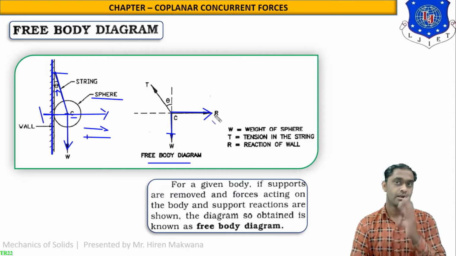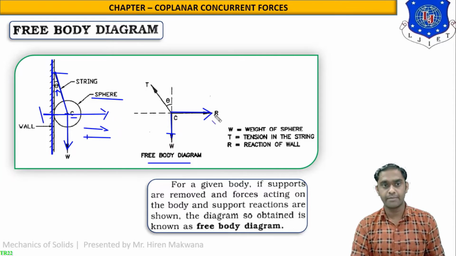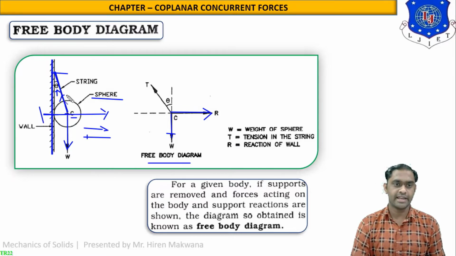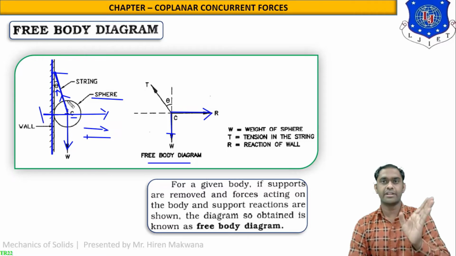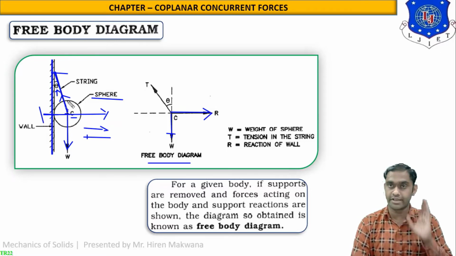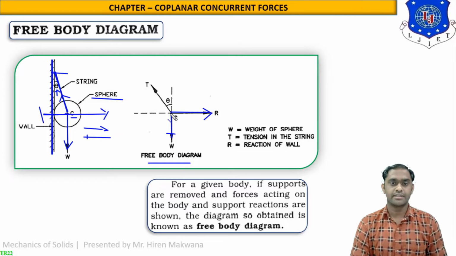Last, third and most important thing, the tension force. Whenever the string is there in the picture, the tensile force due to the weight of the sphere is acting along the upward direction, along the string towards the fixed point, always. So this is the tension T towards the fixed point of the string.